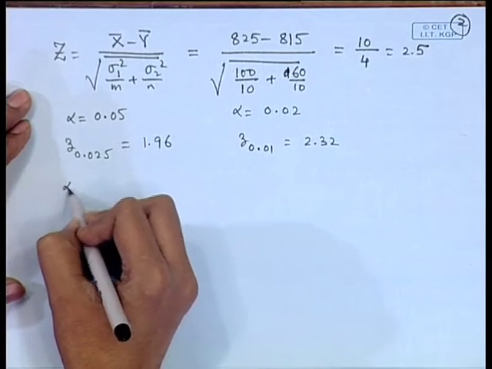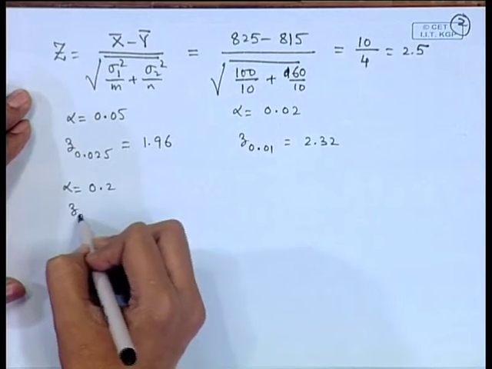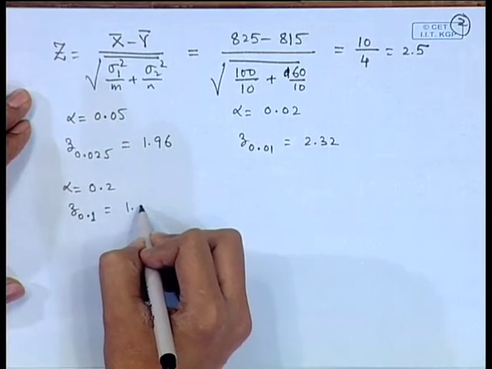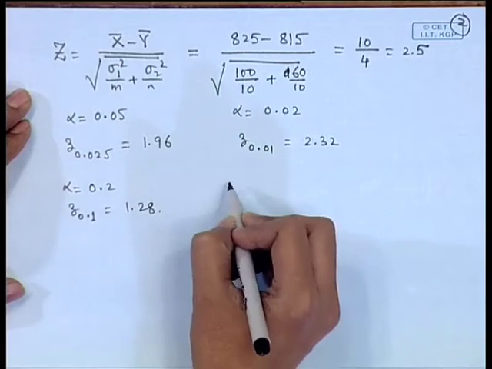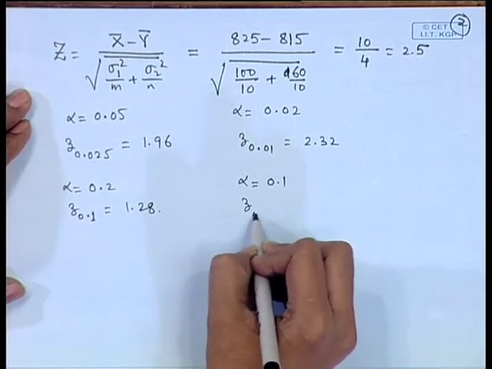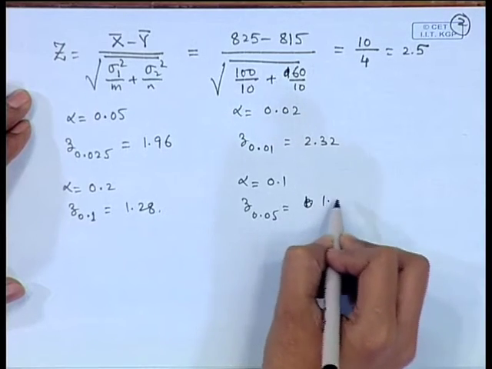Suppose alpha is equal to 0.2, then I will see 0.1, that is equal to 1.28. Suppose I say alpha is equal to 0.1, then I will see 0.05, that is 1.64.